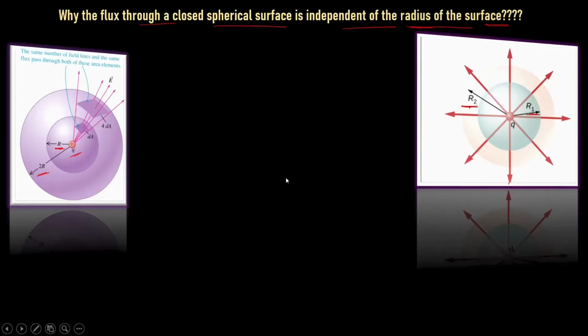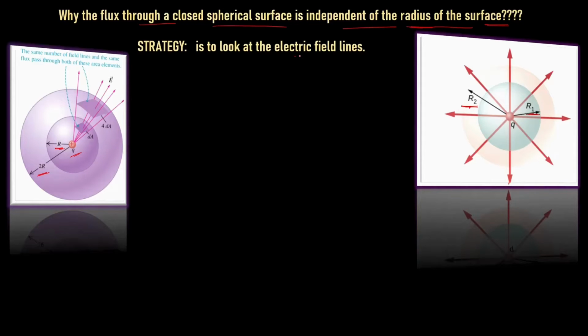The strategy that we have to follow is to look at the electric field lines. By the definition of flux, the electric flux just depends on the field lines, and these field lines are the characteristics of the source charge. So whether we are dealing with the first figure or the second figure, in both, the same amount of charge Q is enclosed.